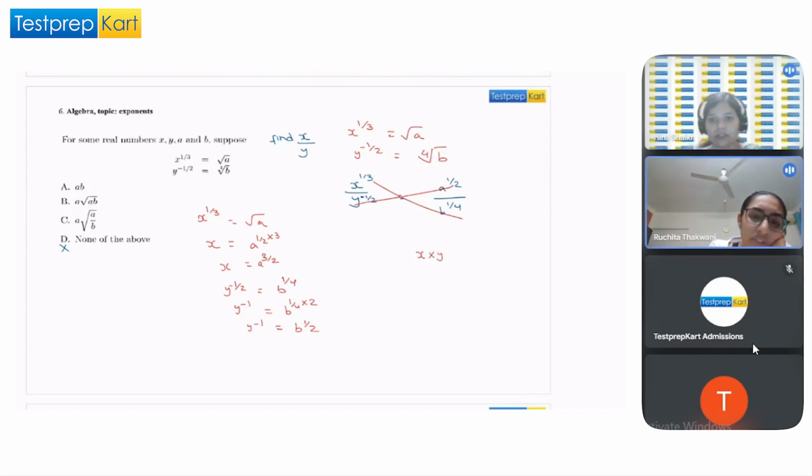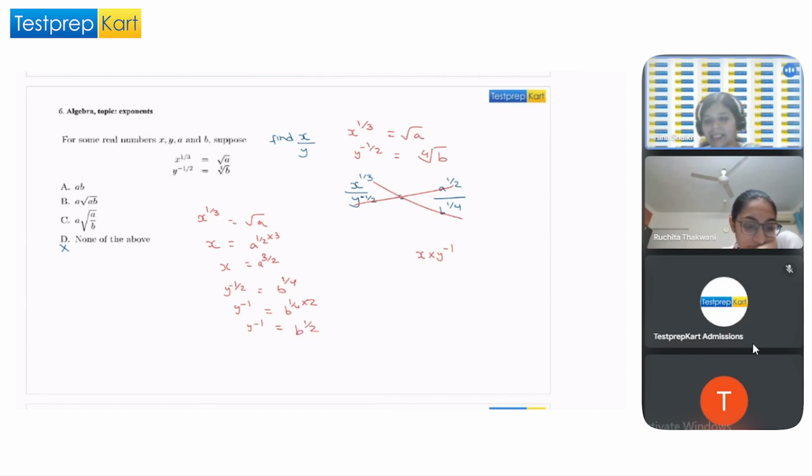But why did you leave the minus 1 there? See, because now if I put minus here, this part will become negative. Here it will come b raised to minus half. Okay, sorry, so this is what we got, b raised to half.